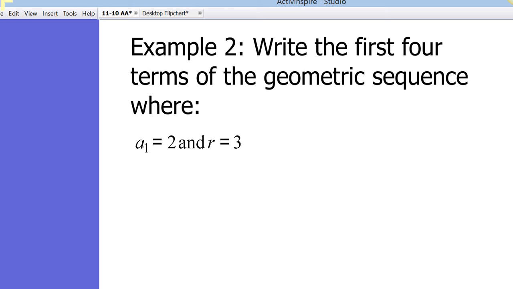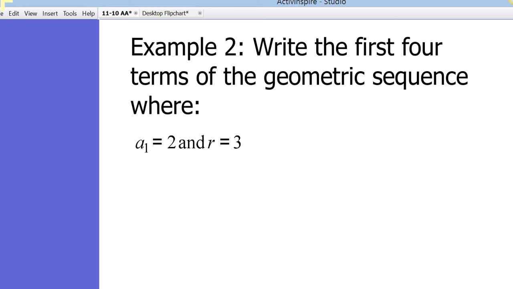So is r 3 the same as multiplied by 3? Yeah, r is 3. Alright, so let me put my blanks for my sequence. r is just whatever you do in between. It says times 3. Okay? So y'all should be able to figure that out lickety split.